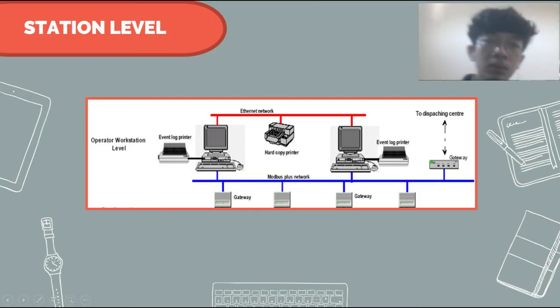In order to be able to perform data acquisition and control of a substation, a terminal that can meet the requirements is needed, namely a remote terminal unit or RTU. The RTU must be equipped with panel, transducer, and wiring.